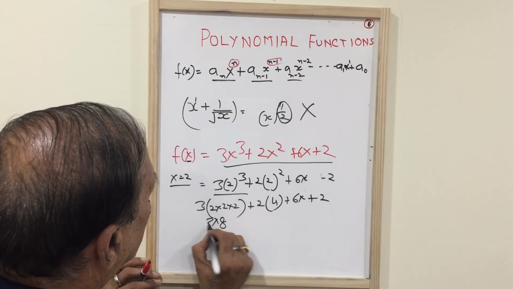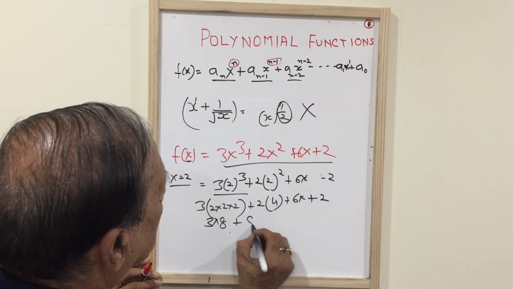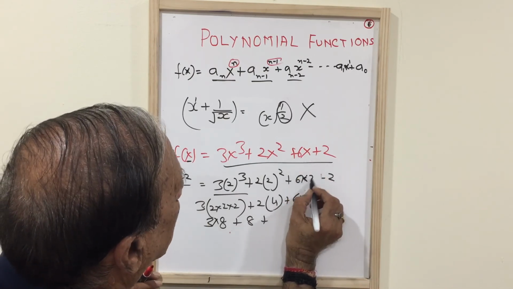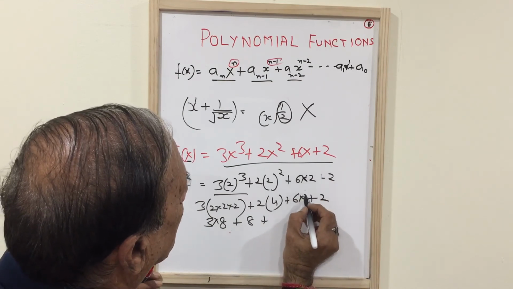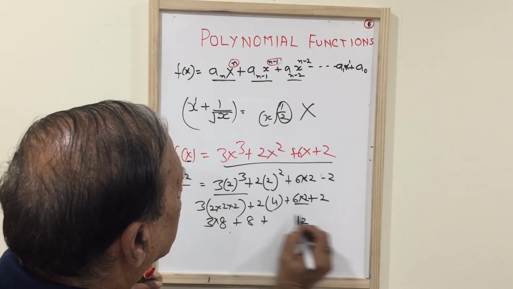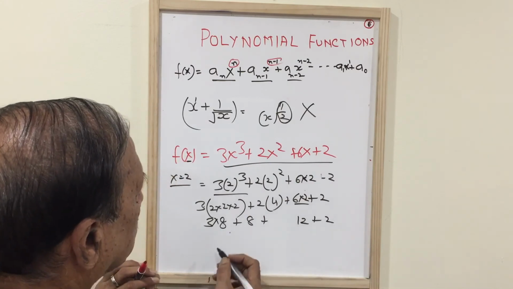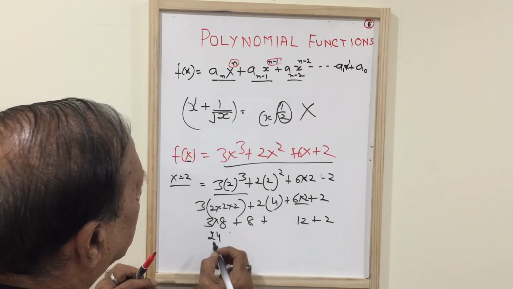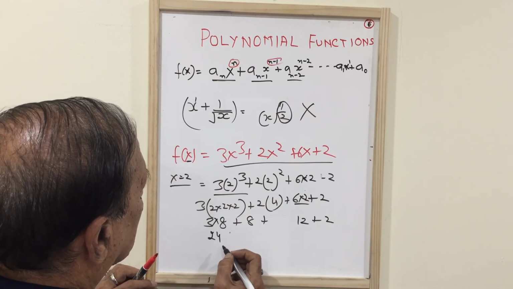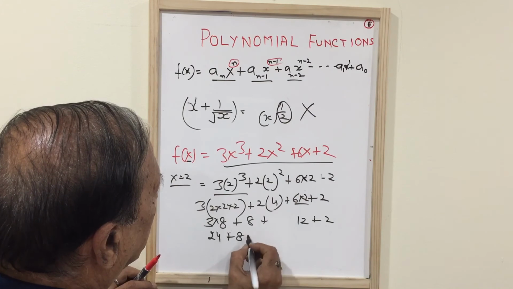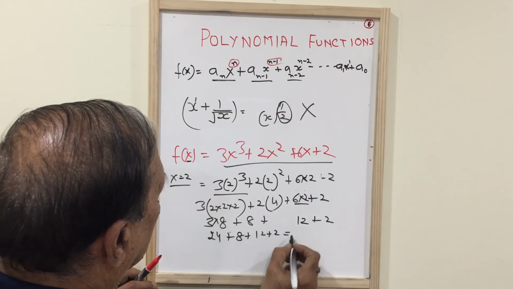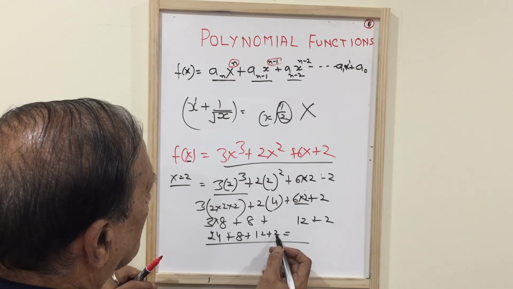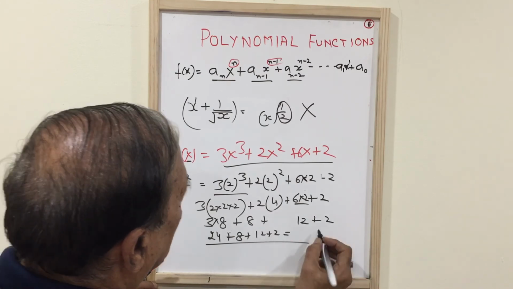This is 8 multiplied by 3, plus this is 8, plus this x value we have substituted 2 over here, so this is 12, plus 2. So this is 24 plus 8 plus 12 plus 2. This total comes to 46.